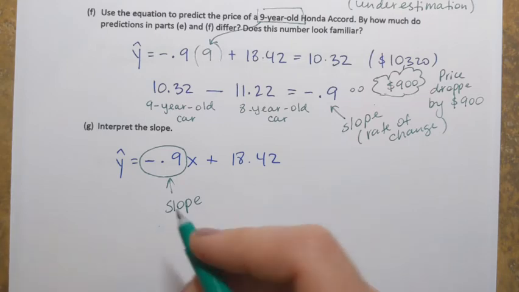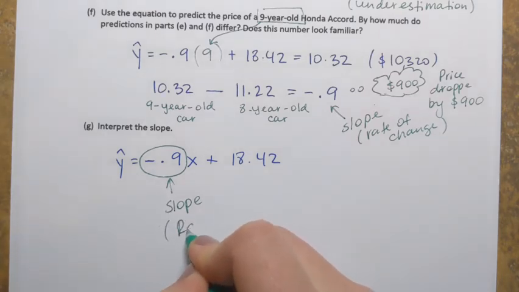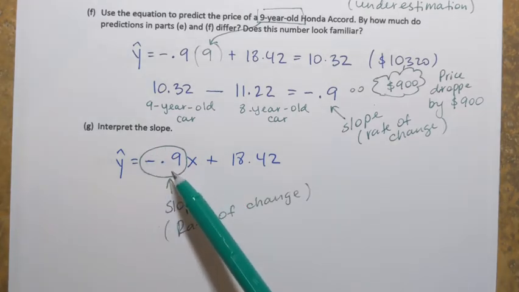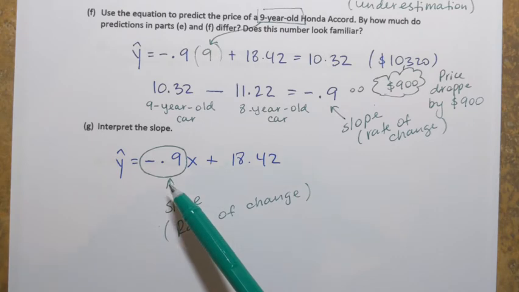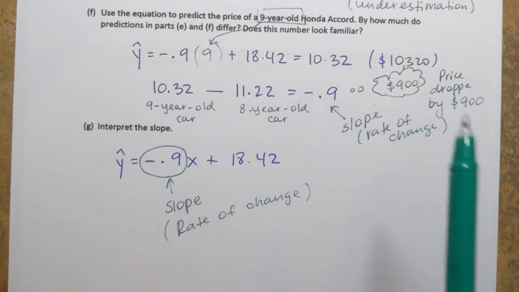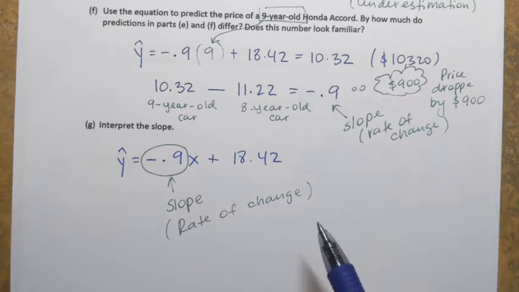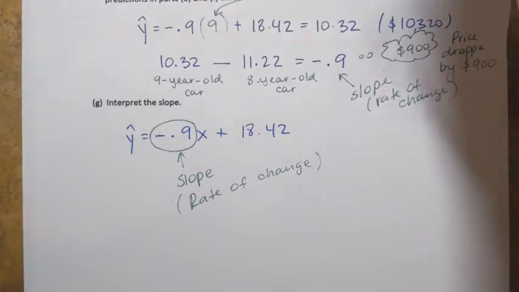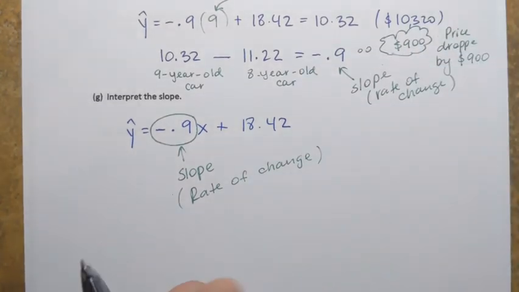In statistics, we call it rate of change. Basically, this number tells us at what rate the response variable, whatever it is, is increasing or decreasing as the explanatory variable increases. So to make sense out of all that, let's do the following steps, and I recommend doing these steps every time you need to interpret the rate of change or the slope.